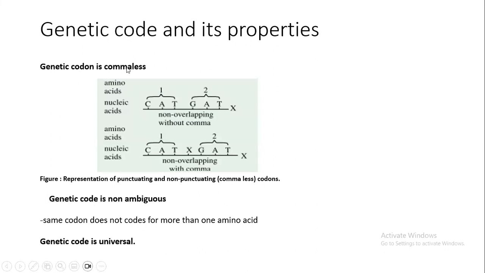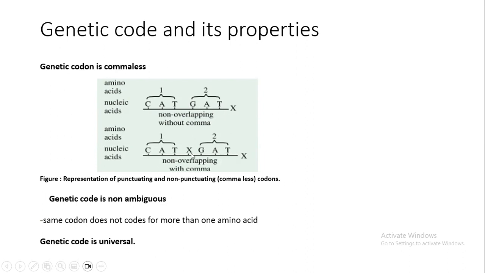Next property is that genetic code is commaless. This means that if CAT is forming one codon, then there is no allotment of any base that will indicate the end of the first codon and the beginning of the second codon. If CAT is the first codon, automatically the next three bases will form the second codon.